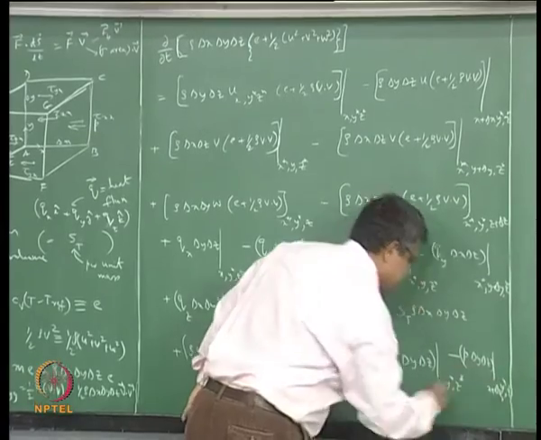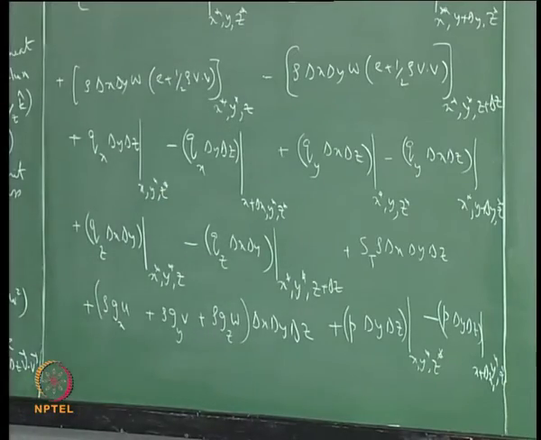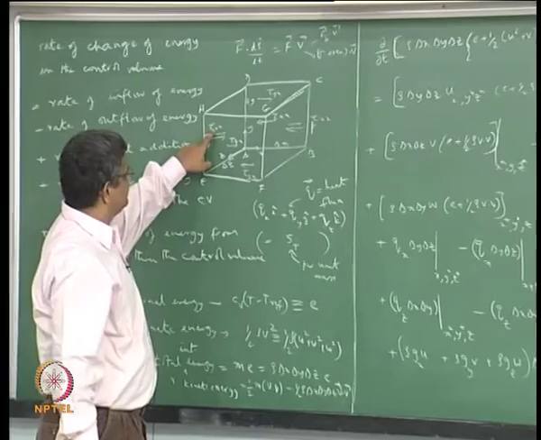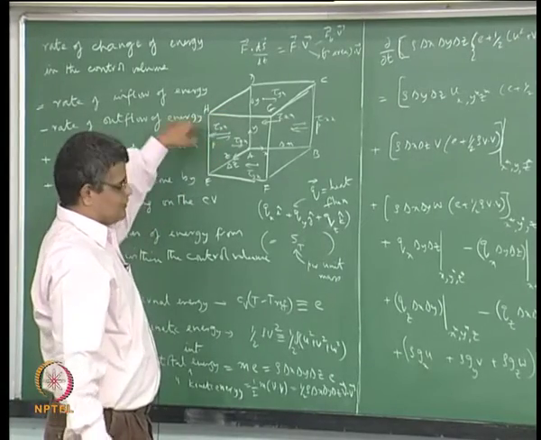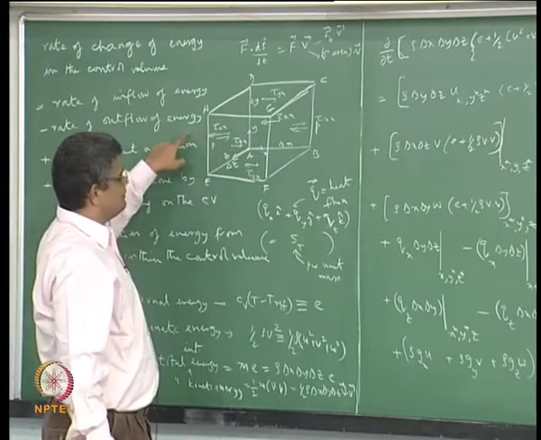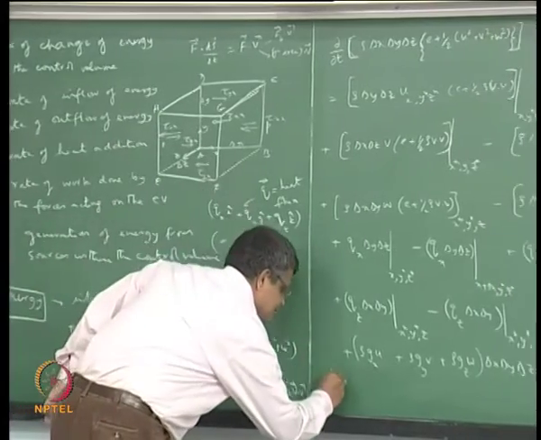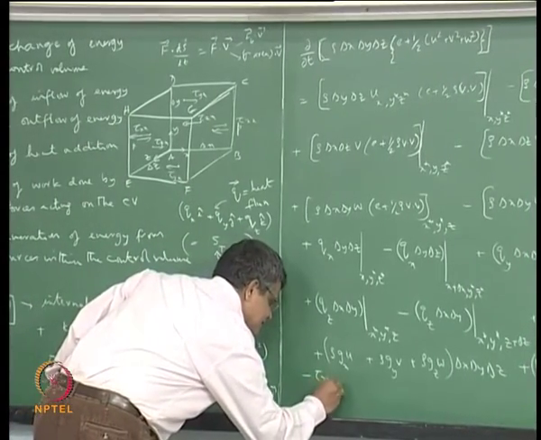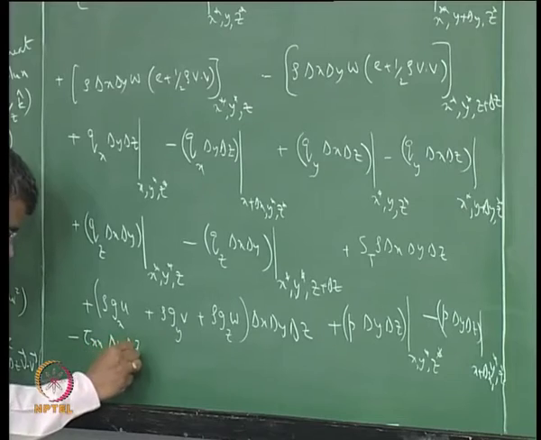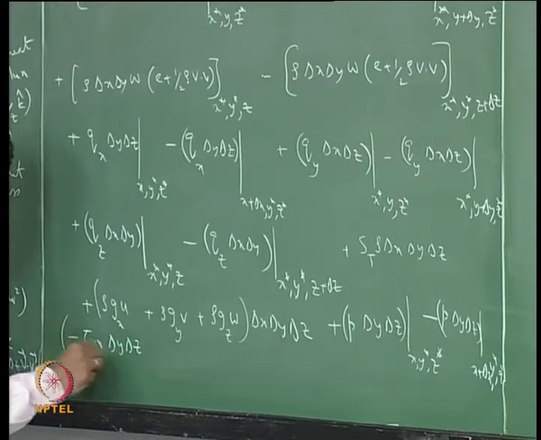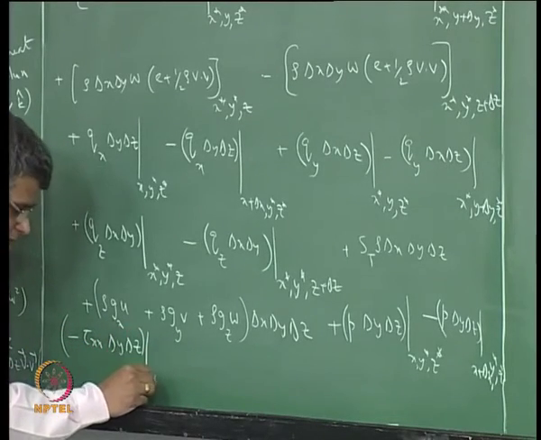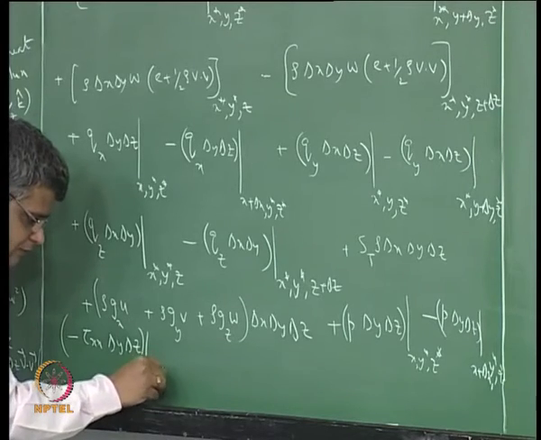Now consider the stresses tau xx acting on the x face, that is acting in the negative x direction. So we can write this as minus tau xx delta y delta z at x, y star, z star.